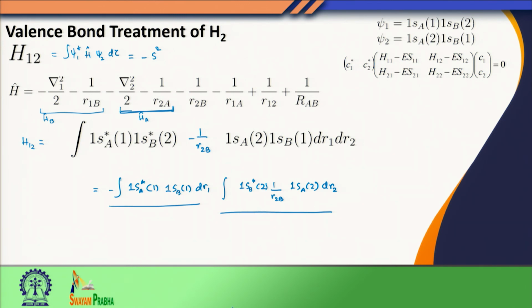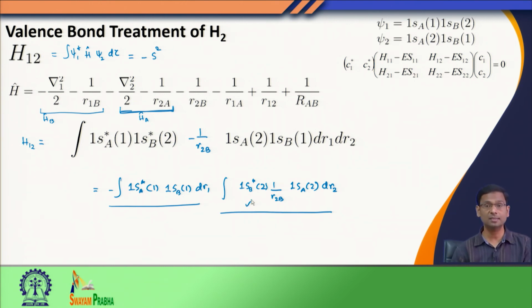When I look at this second term, I see the wave functions that I have, one is B star of 2 and the other is of 2. They are actually the wave functions of two different hydrogen atoms, both carrying electron number 2. So, unlike the previous case, I cannot express it as a Coulomb integral, because this is not a probability density expression. Therefore, this term will not have a simple physical interpretation.